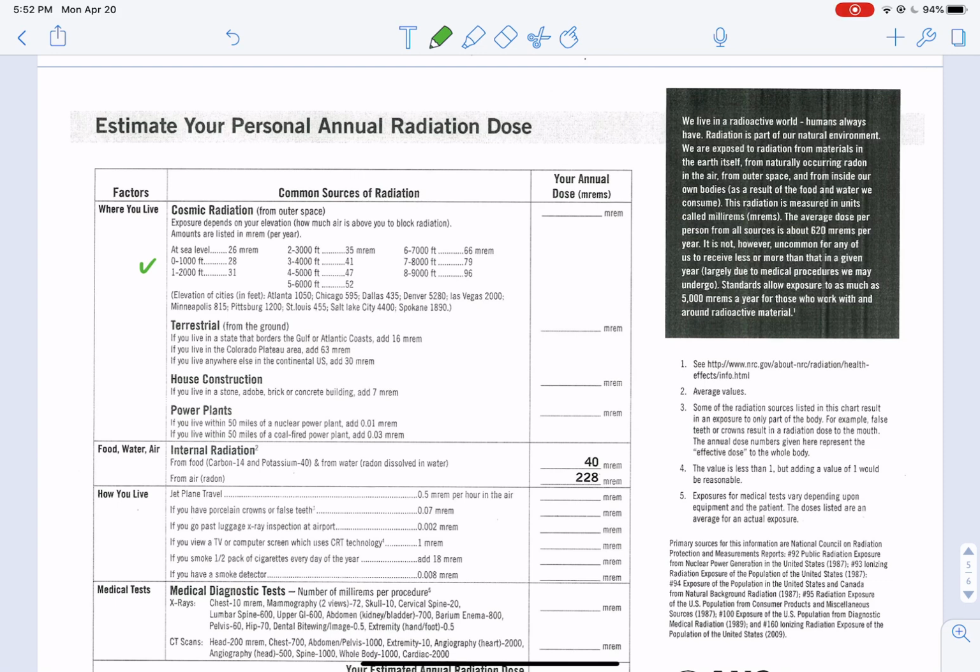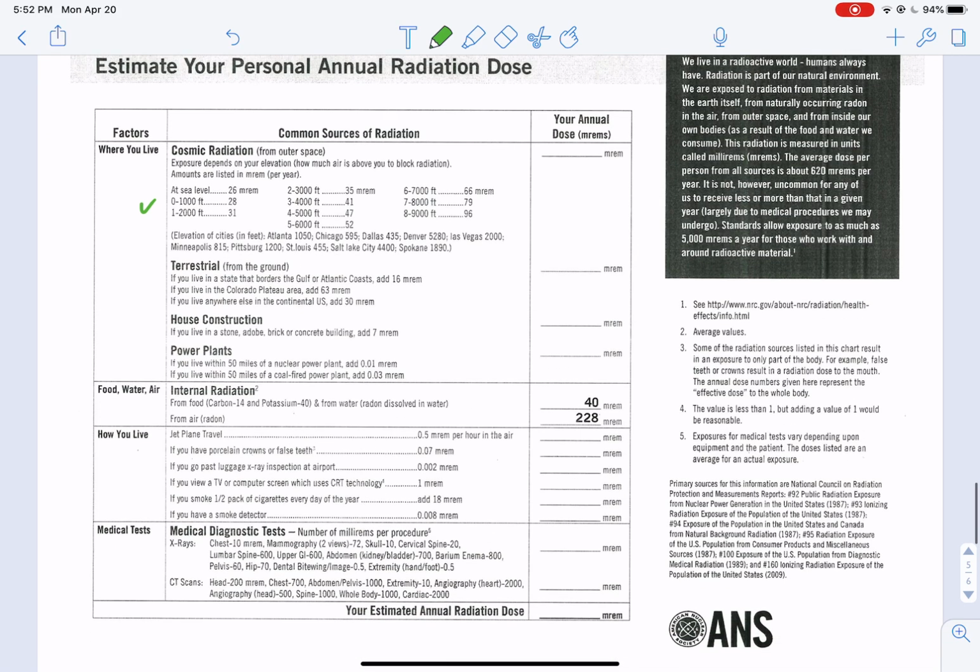That also depends upon, for example, what kind of house you live in. And you'll notice that your proximity to a power plant, especially coal, is important because when coal burns, a lot of radioactive isotopes go into the air. You get a little bit from food and water, a little bit from how you live.